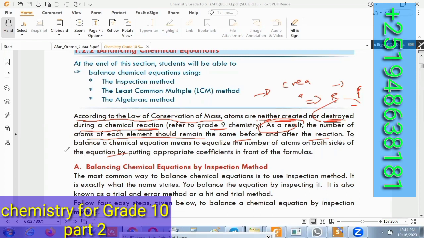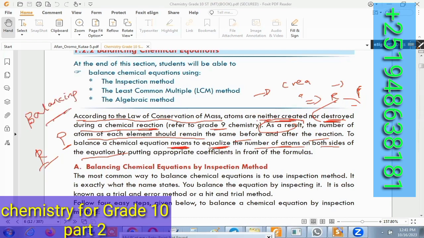To balance a chemical equation means to equalize the number of atoms on both sides of the equation.